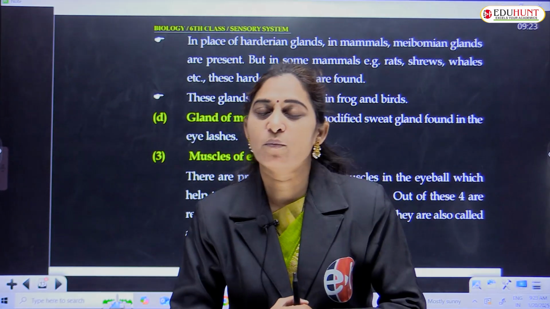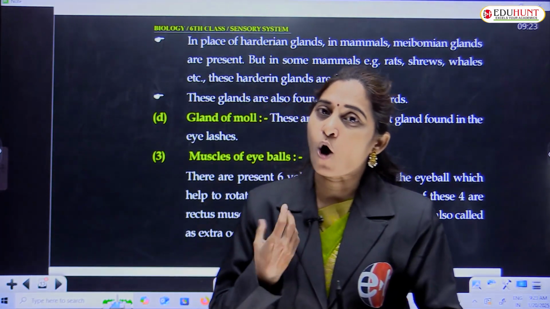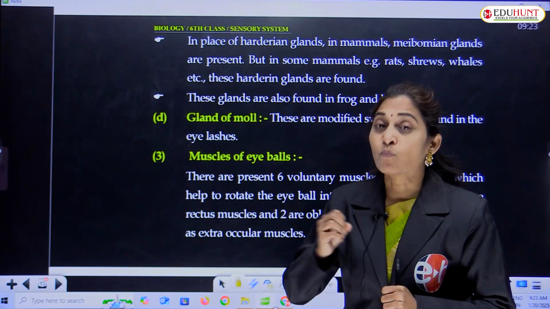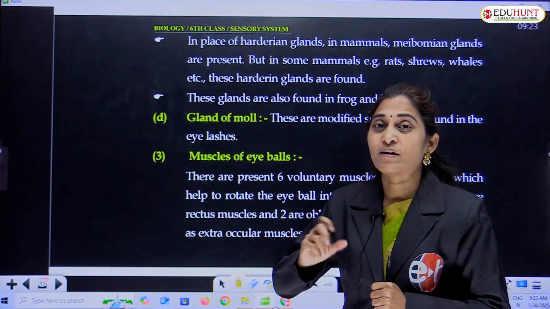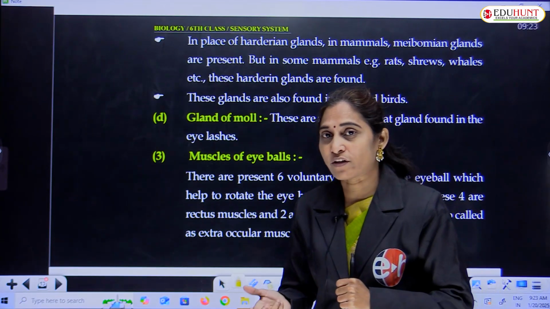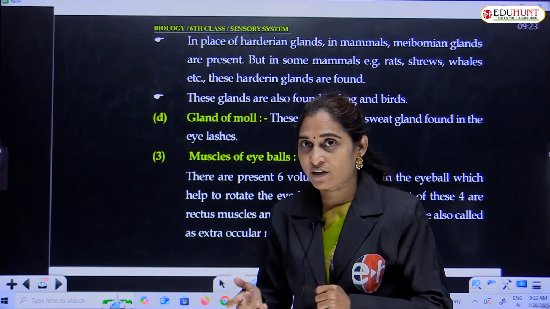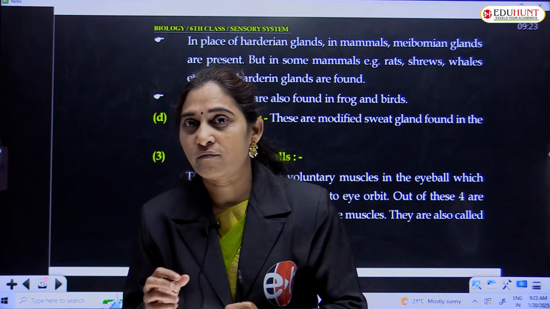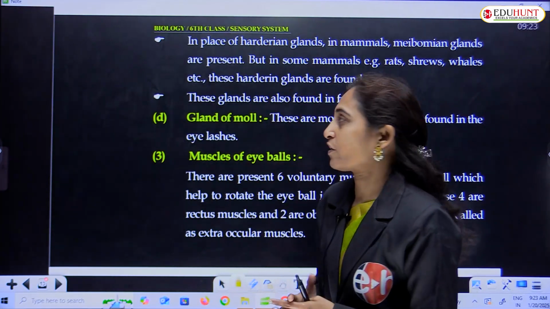First is the meibomian gland. The secretions are oily secretions, and these secretions make the movement of the eyelids very smooth. It reduces and prevents the friction, and also facilitates the movement of the eyeball without generating friction.